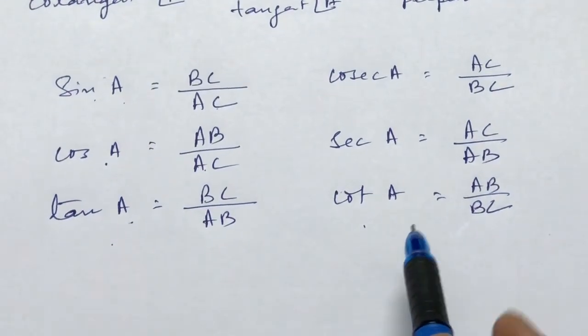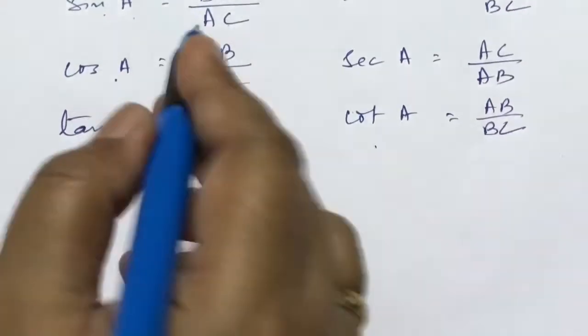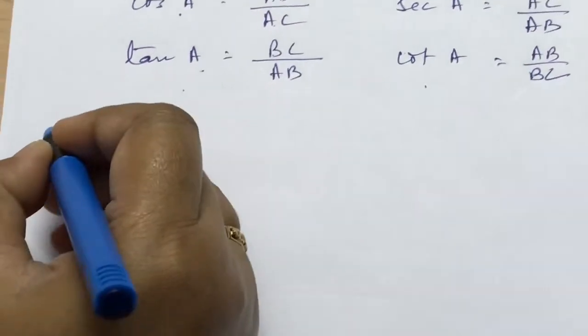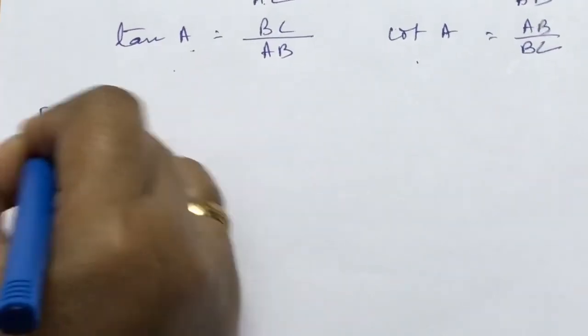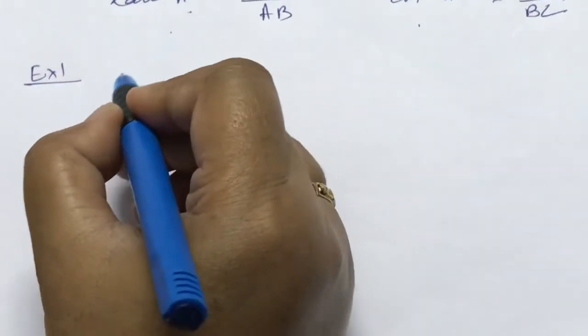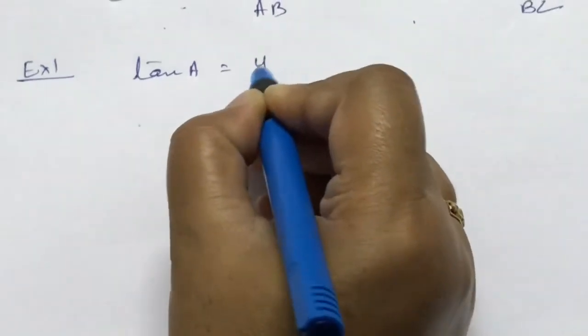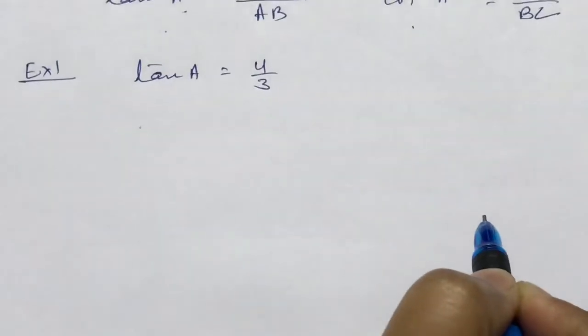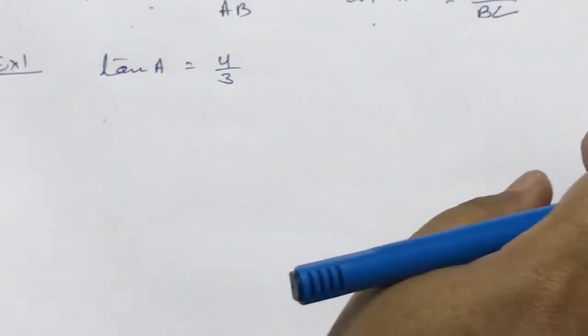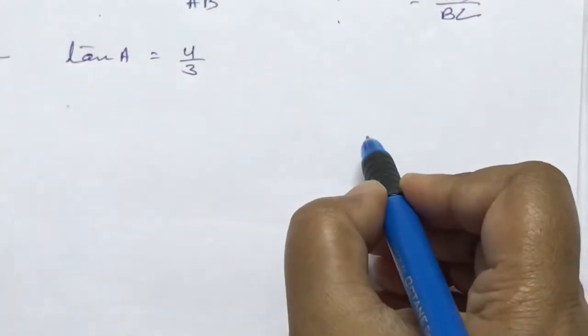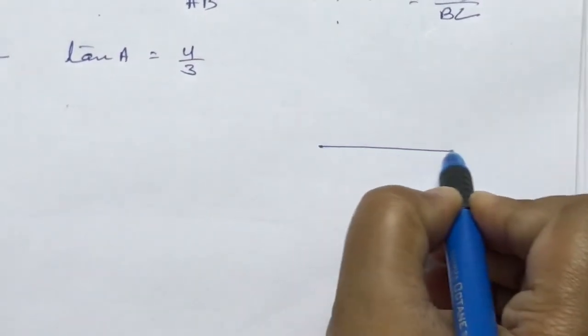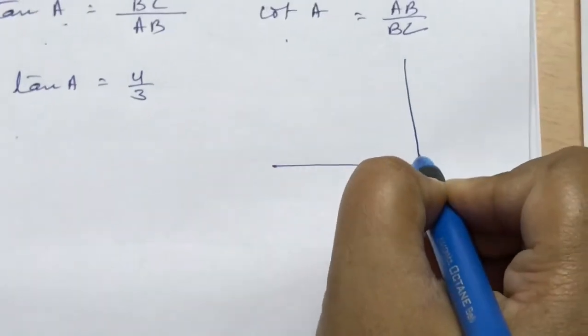Okay. In the first example, by using these trigonometry ratios, you are given tan A is equal to 4 by 3. Find the other trigonometry ratios of angle A. Now, what is angle A? Let me first draw the right angle triangle.